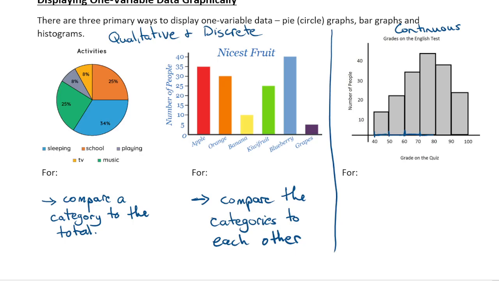So what the histogram does is, rather than having these completely separate categories, it takes your measurements, your giant sum of numbers, and groups them into categories as part of the process. Then you can compare these ranges. So these first two are specific categories, whereas this one deals more with ranges.